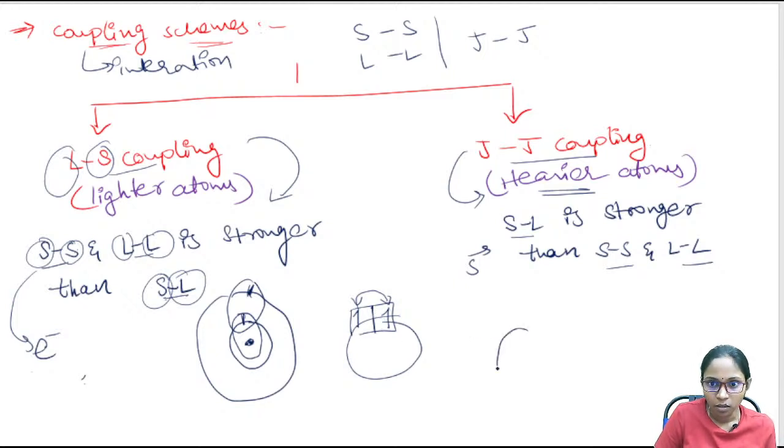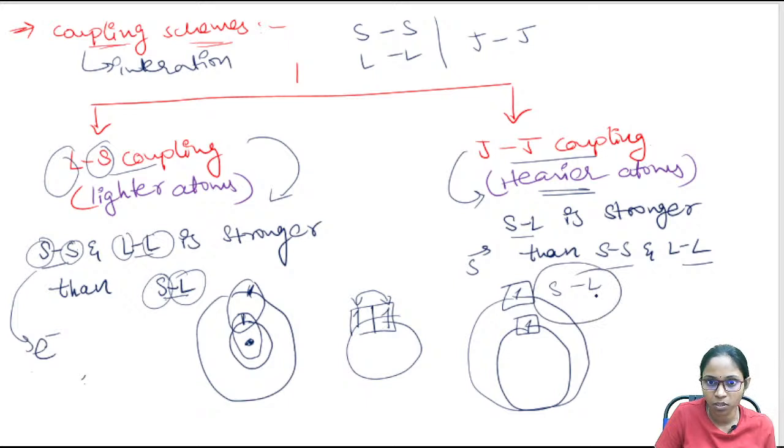If I have electrons in different orbits, then there will be a strong spin orbit interaction. In this case, you will have SS and LL interactions. These interactions are stronger, and in this case, spin orbit interactions will be stronger.